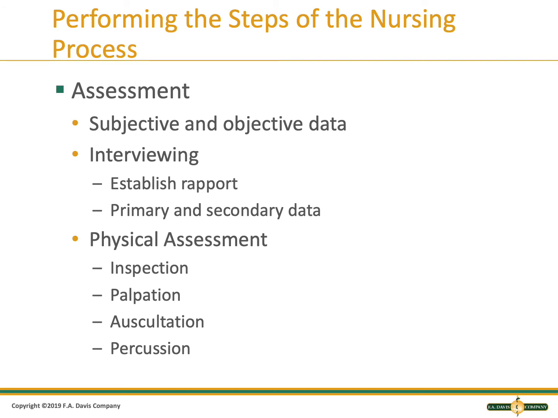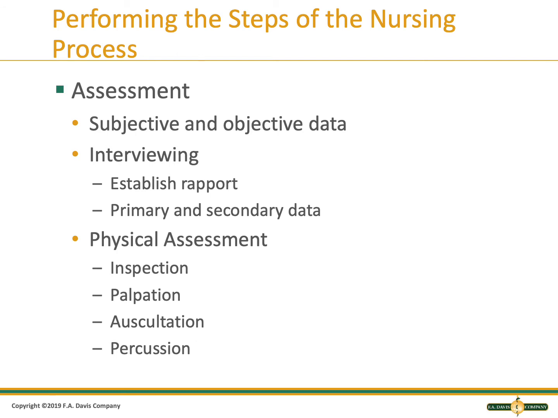It came from the patient. Secondary data is information that comes from another source, maybe from their spouse or another family member. And then another source of secondary data is the patient's chart. You might gather information from the chart.